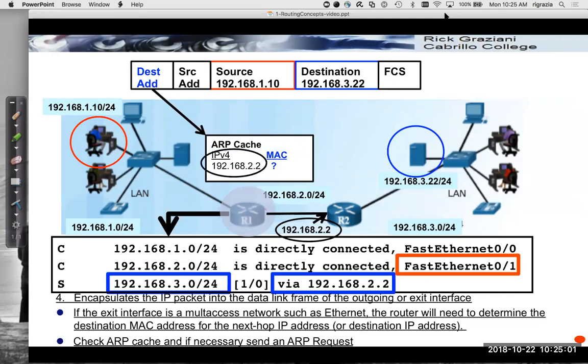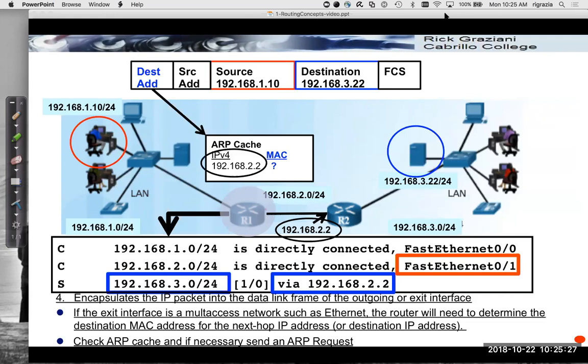So that's the MAC address it's going to be looking for in its ARP cache. If it doesn't exist, of course, it will send out an ARP request. R2 will respond with an ARP reply. It will go in the ARP cache and then into the destination MAC address, and the frame will be forwarded from R1 to R2.